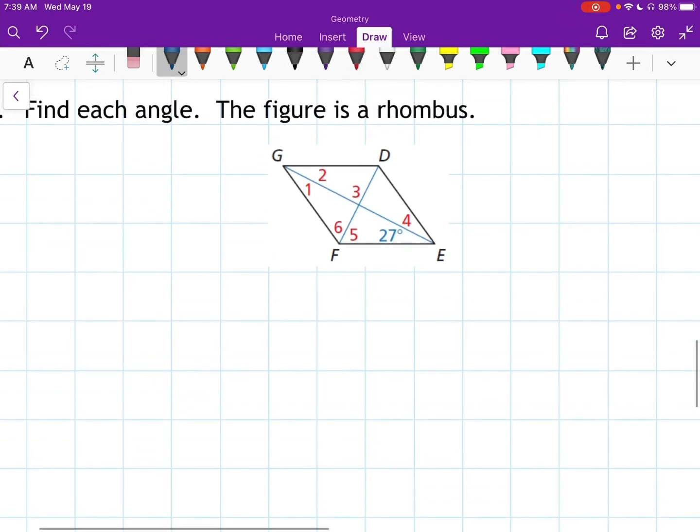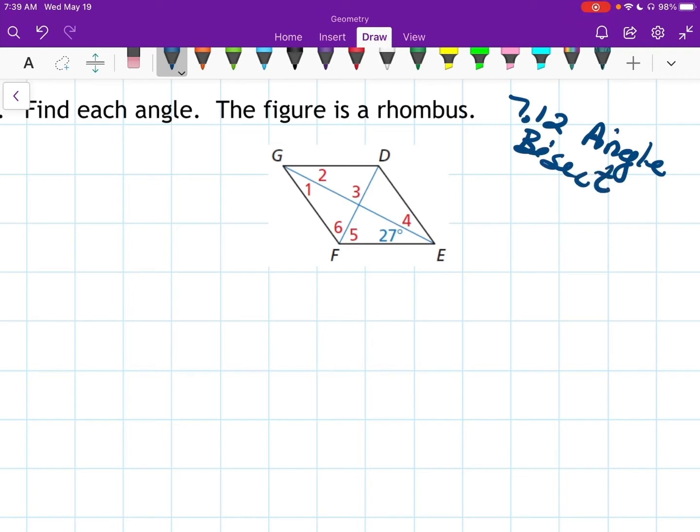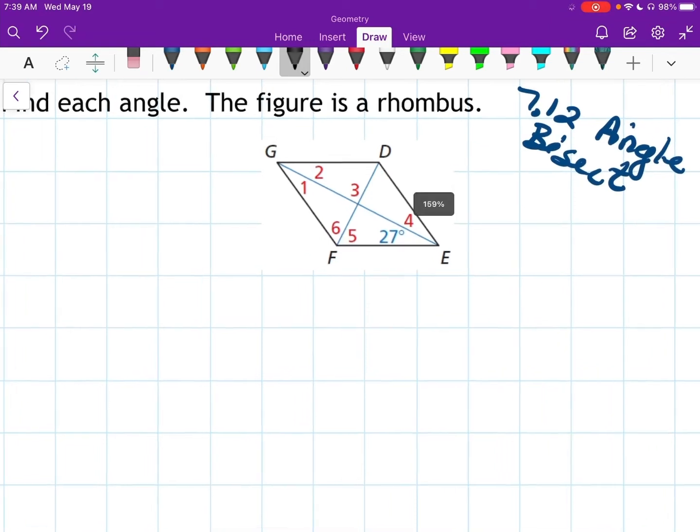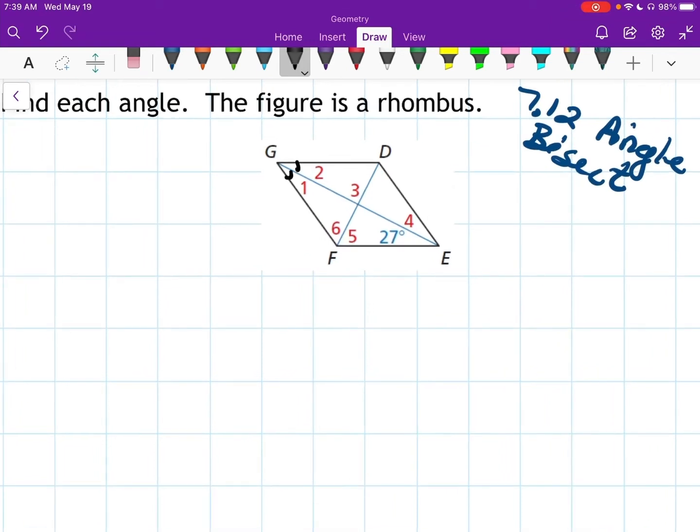So this we're going to use 7.12. That's the angle bisect. 7.12 is the angle bisecting piece, where we know that, let me write this in here, this guy and that guy are equal, this guy and that guy are equal. Then I can also say that this one and this one are equal, this one and that one are equal.